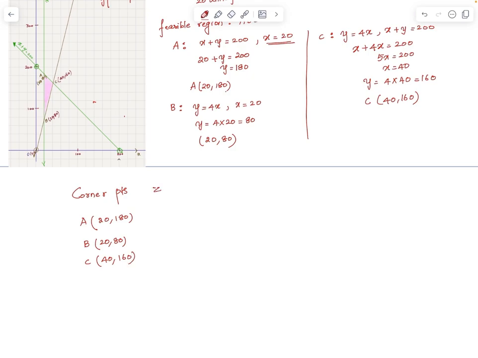Let's calculate Z at each corner point. Z is 1000x plus 600y. At 20, 180, Z is 1,28,000. At 20, 80, Z is 68,000.